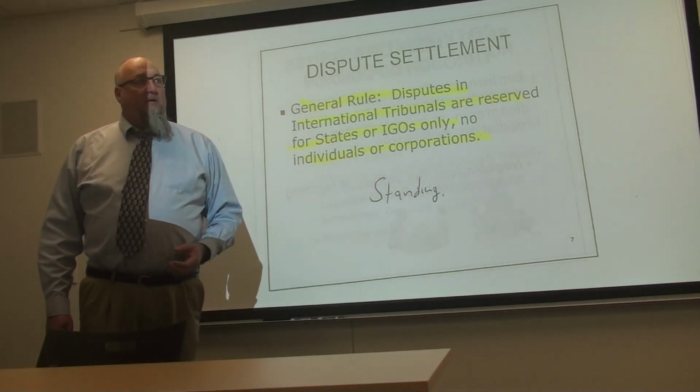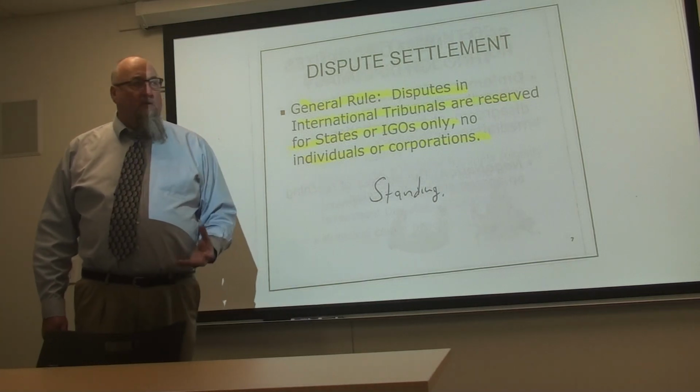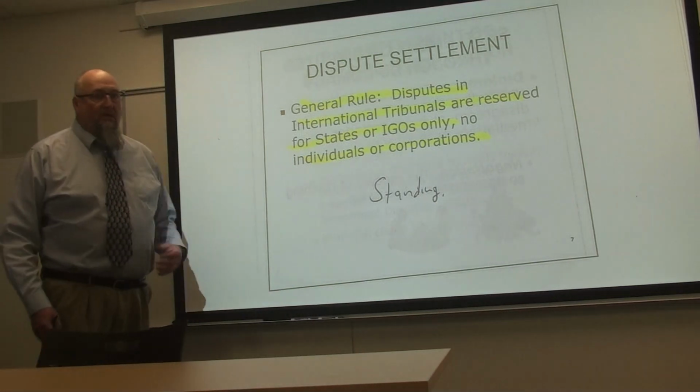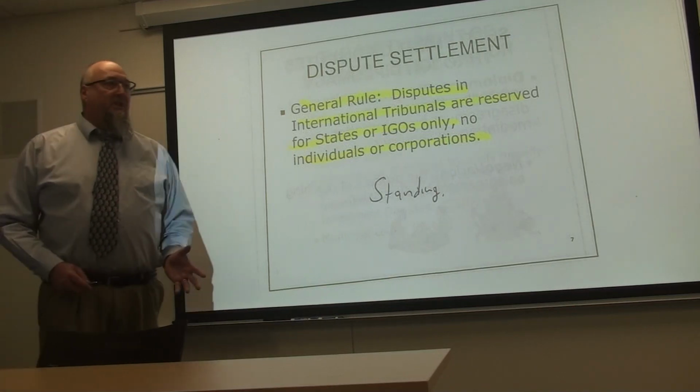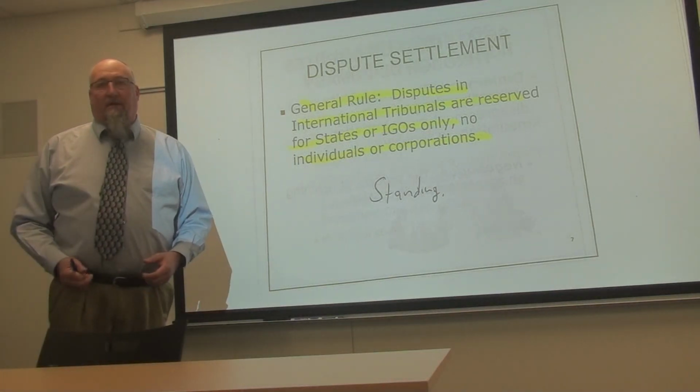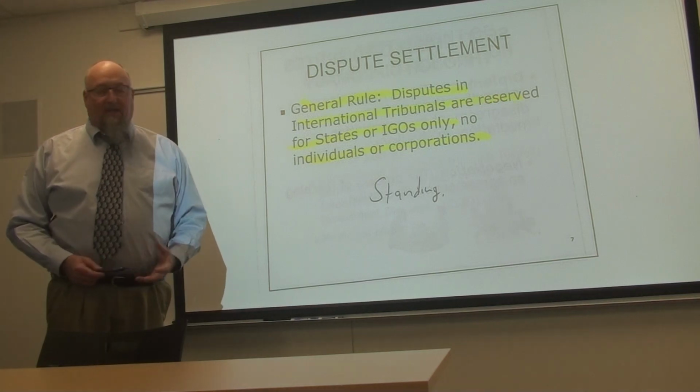And that's true with many of the IGOs, including the United Nations, of course, with the Court of Justice. Only a state, either a member state or in some cases a non-member state, can bring a case with the ICJ.